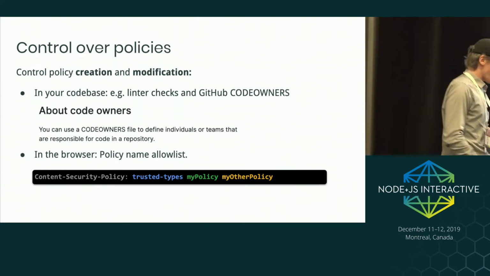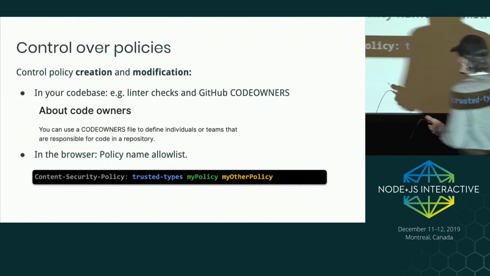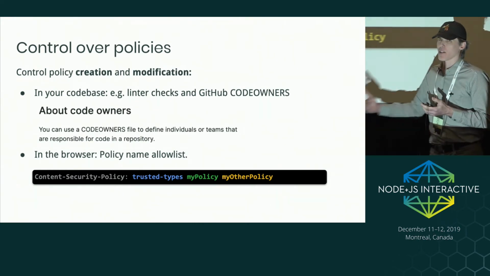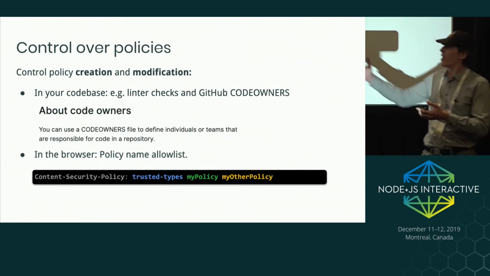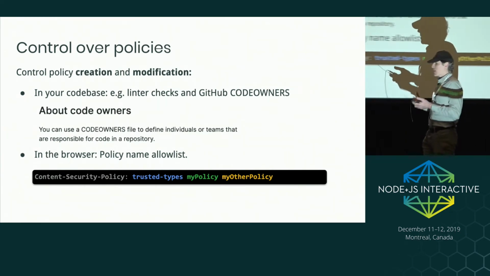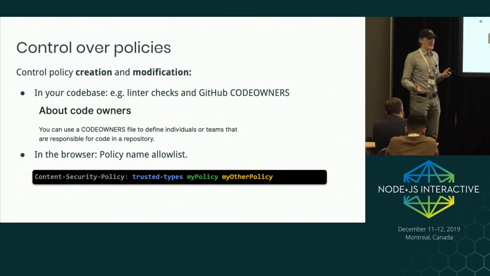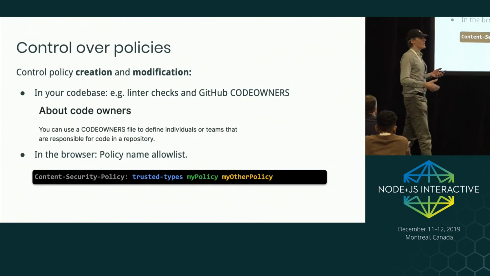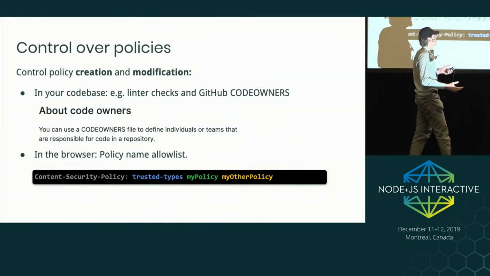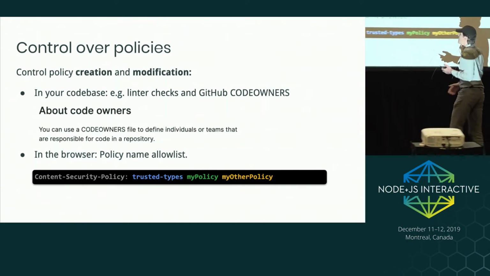So without trusted types, any code could assign any value to any sink. With trusted types enabled without any policy controls, any code can create a policy to create a value that will pass a sink.